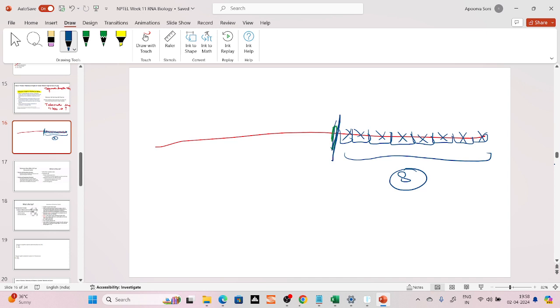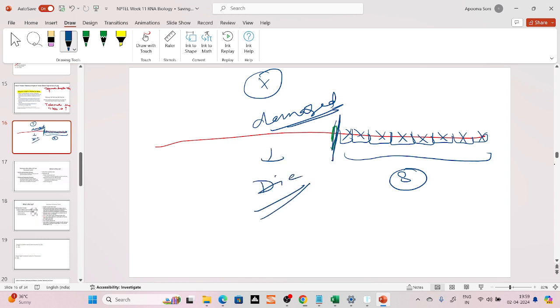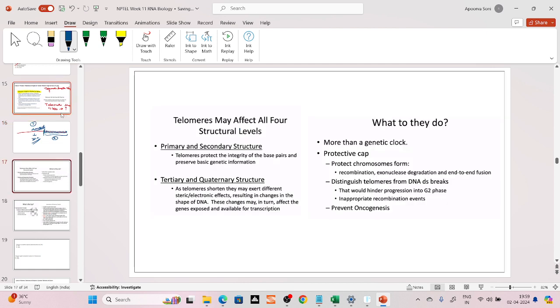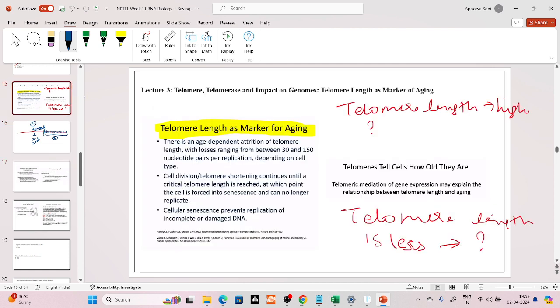So what happens? Just for your convenience and as an example, I'm telling you 8 divisions. Up till 8 divisions, this cell X has replicated. After 8 divisions, it has reached a limit that if it replicates further, it will give a damaged product. So it's better that this cell should die. That is what is written here: cell division or telomere shortening continues until a critical telomere length is reached.